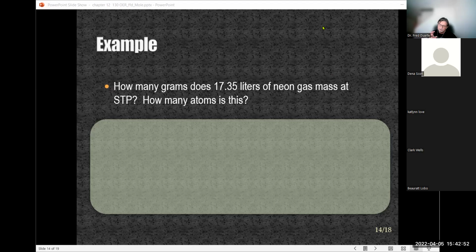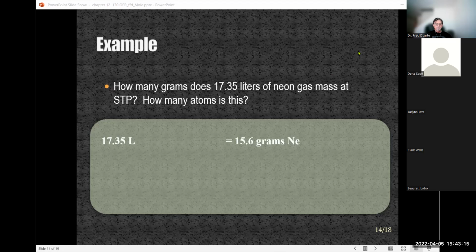So if I'm at STP and I have 17.35 liters of neon gas, how much does it weigh? And then if I have the same amount of gas, how many atoms does that correspond to? Those are the questions.